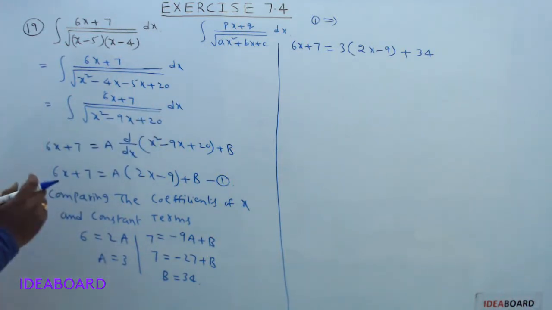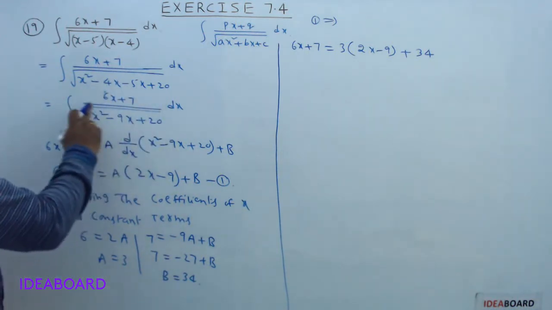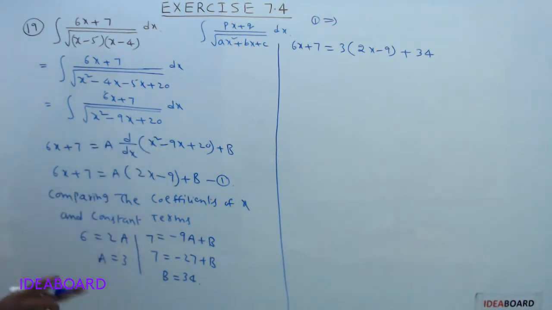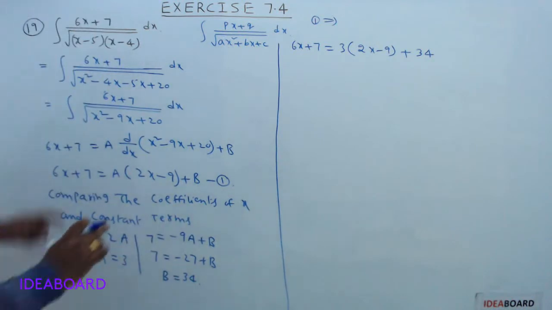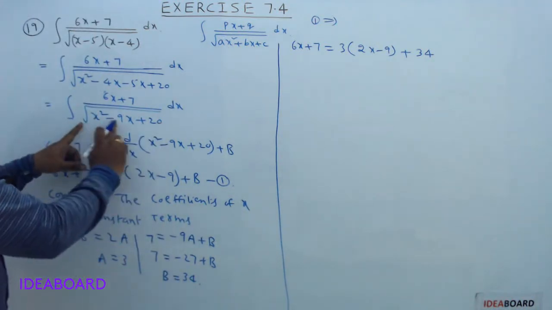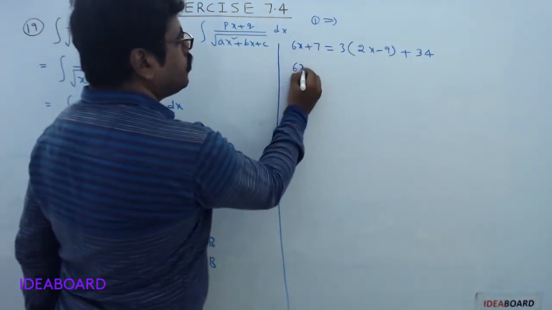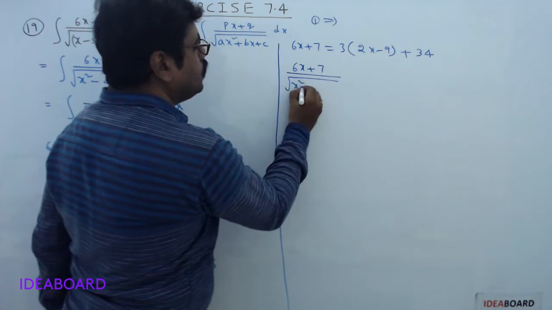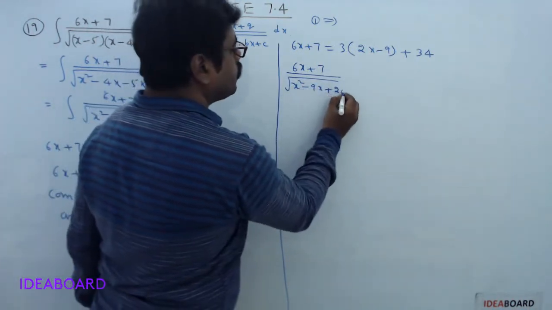Here what is the integrand? The integrand is (6x + 7) divided by root of (x² - 9x + 20). Now divide this equation on both sides with root of (x² - 9x + 20).